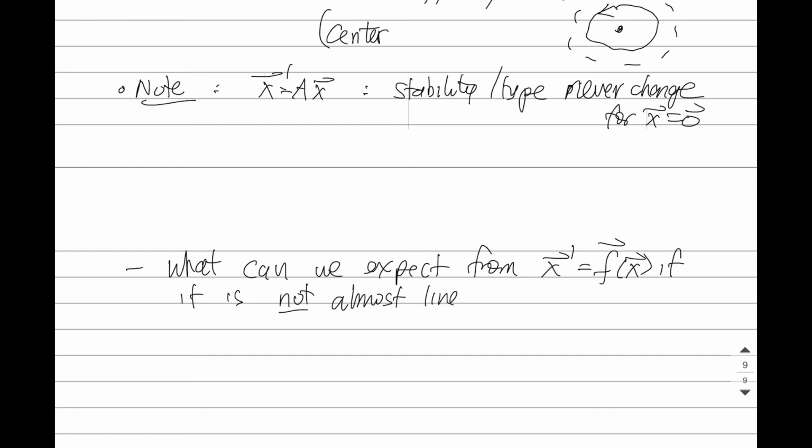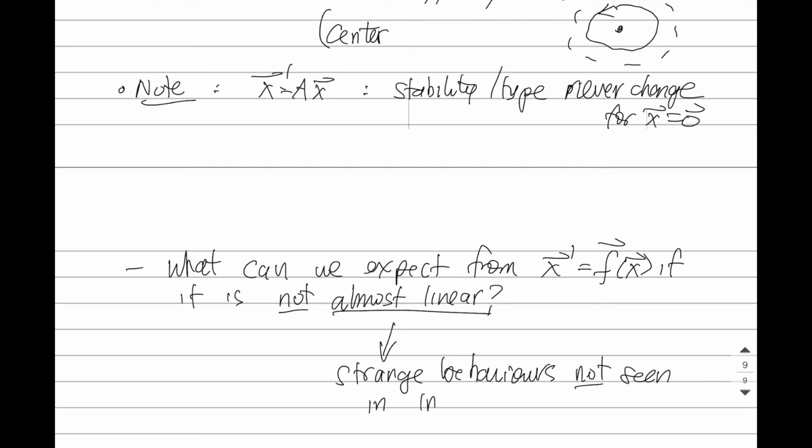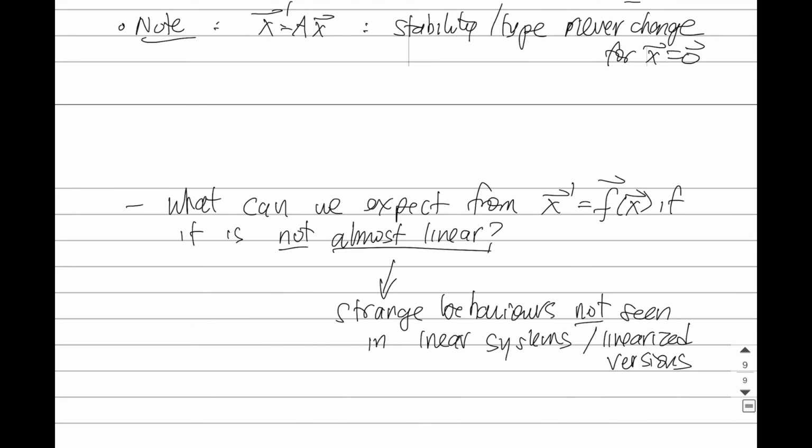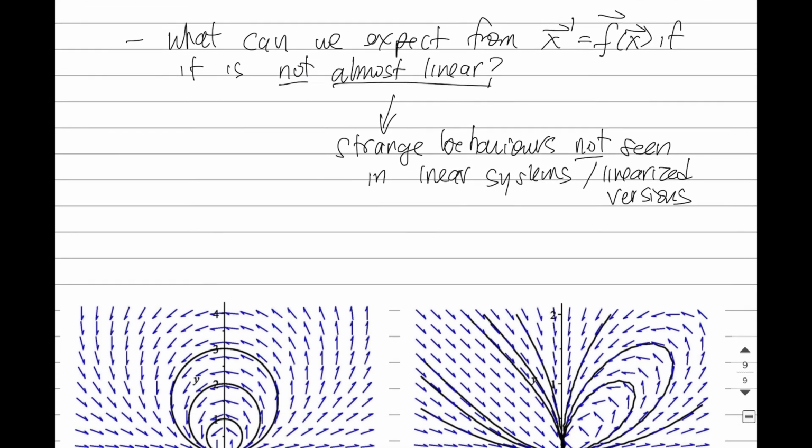In that case, lots of strange things can happen, strange behaviors that are not seen in linear systems or linearized versions. We're used to things like centers or spirals. In a nonlinear system, you can get far more complicated behaviors.